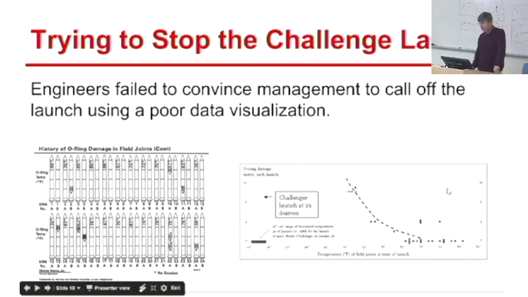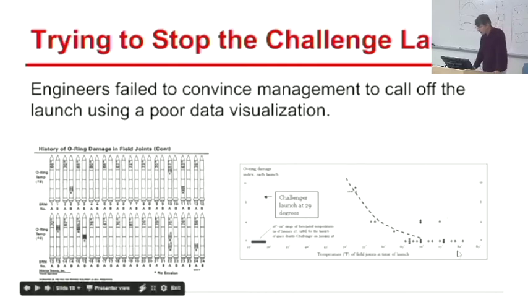Now, Tufte redrew this data. This is showing the amount of damage to each mission, where he had the temperature on each mission. Does everybody see that? What Tufte said is, let's take that data and redraw it, where for every mission I'm going to list the amount of damage and the temperature it was.